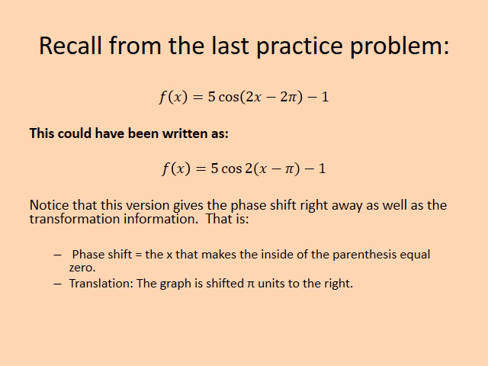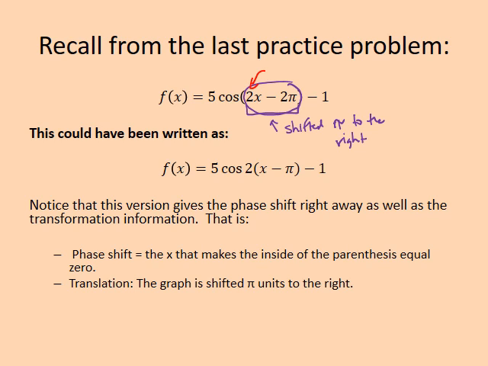If you recall what we just did in our last practice problem, the 2x minus 2 pi represented our shift. And the way we found our shift is we took 2x minus 2 pi and set it equal to 0, and we discovered that our graph was shifted pi units to the right. Well, another way to figure out the shift is to factor out something if it's obvious.